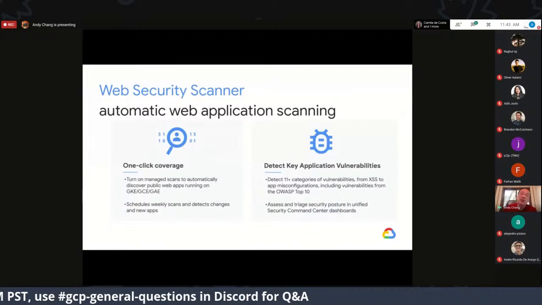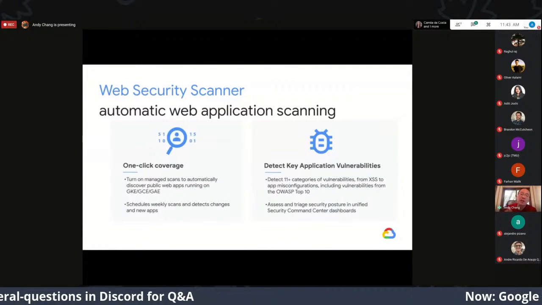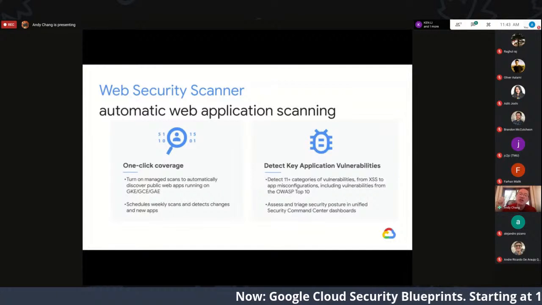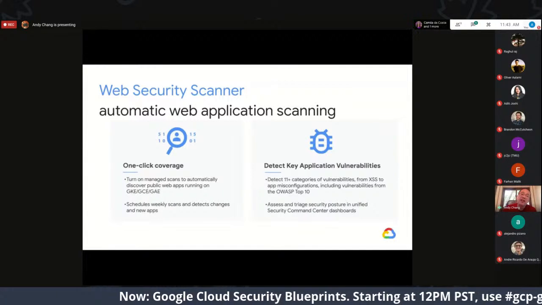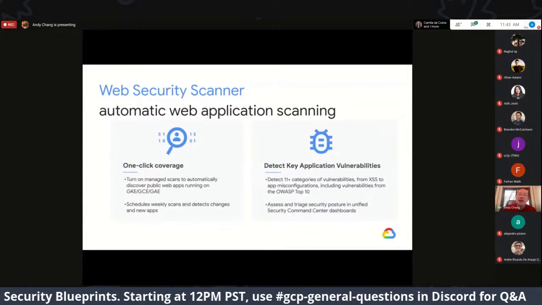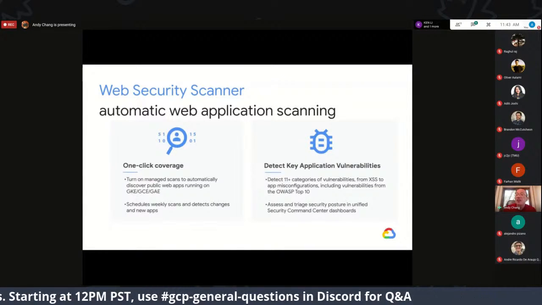So when you publicly expose your web applications, we have a scanner that automatically crawls the various public and, if you give us authentication, authenticated parts of that web application to automatically find key vulnerabilities that might exist in the application.